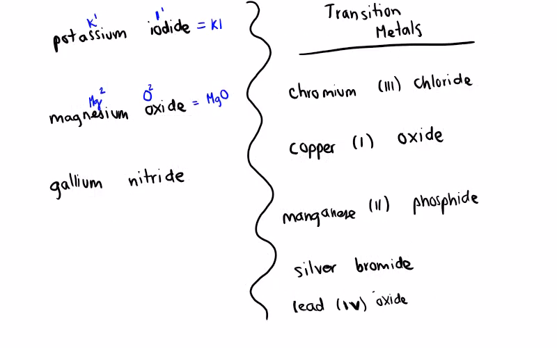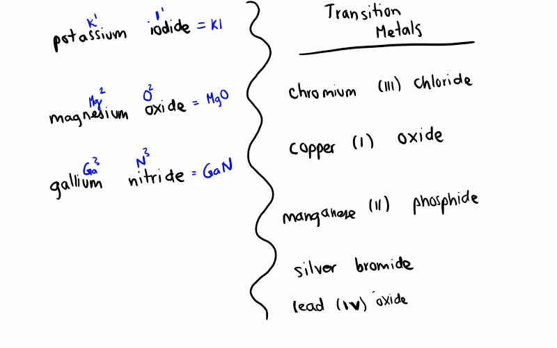So Ga3N3 is going to be GaN. So hopefully you're starting to see when the subscripts are going to reduce. And that's because it's kind of like, think about fractions. I know you probably don't like fractions from math class, but that's a really good way to think about it.